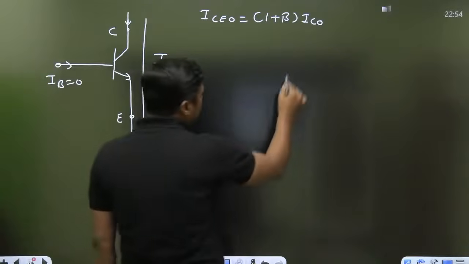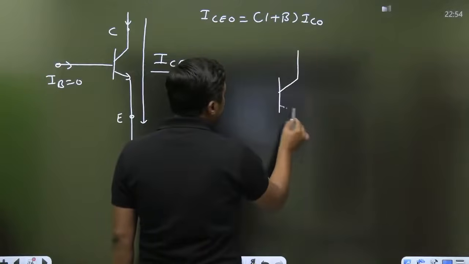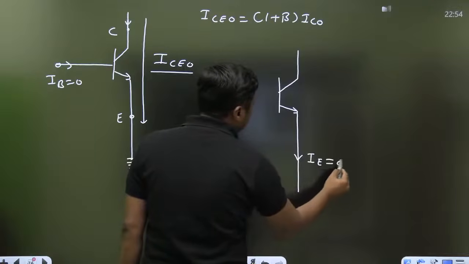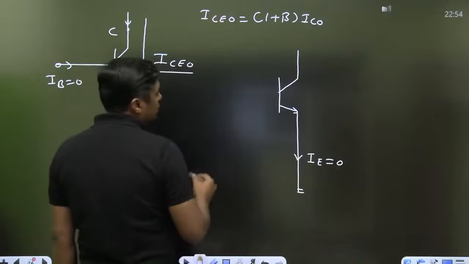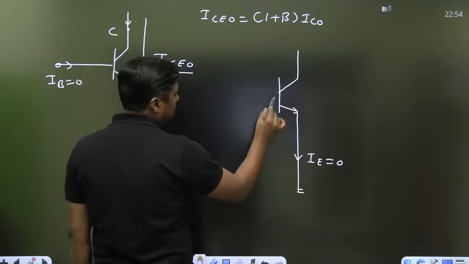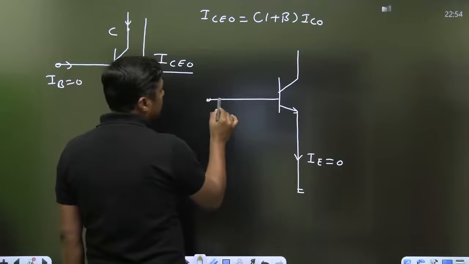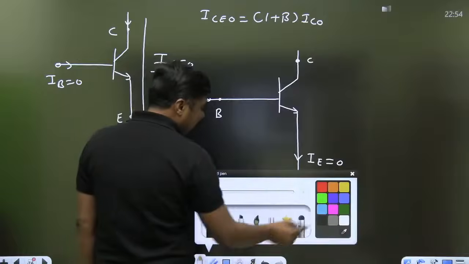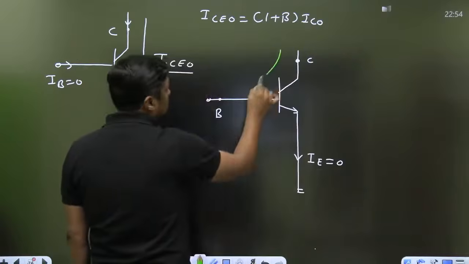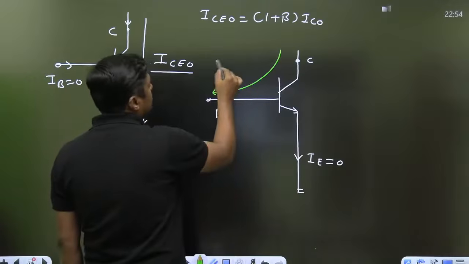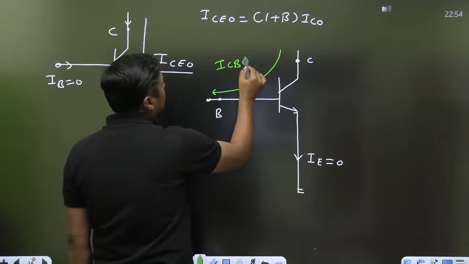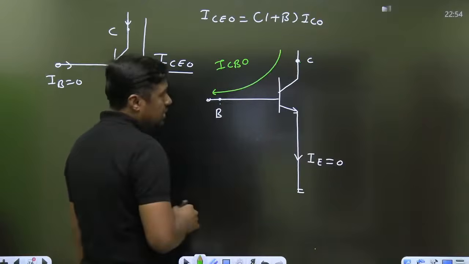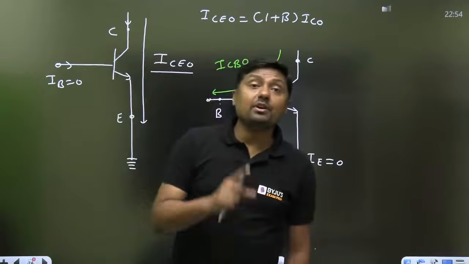There is another current when emitter current is 0. Emitter current is 0 means the emitter is open. Then there is a current from collector to base, and that current is called ICBO. It is the current from collector to base when the emitter is open.